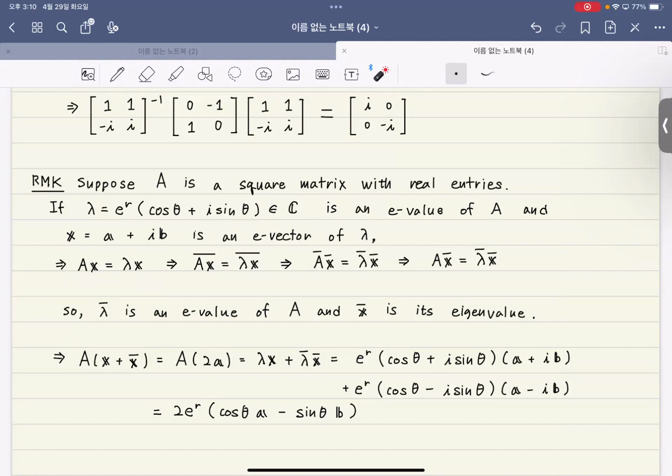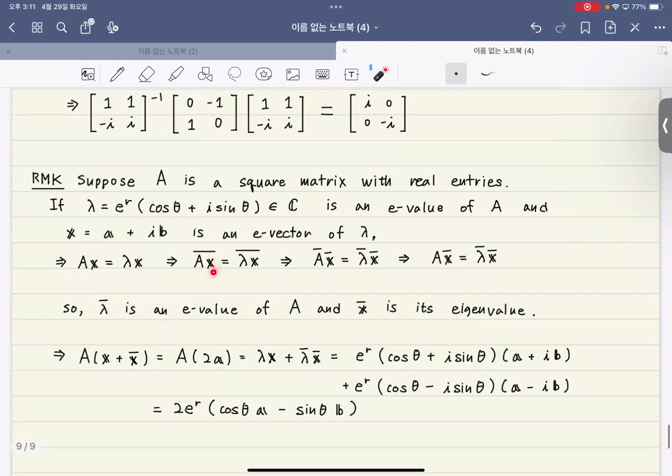But now I want to take the complex conjugate of both sides of this equation. You know what the complex conjugate is? Okay, yeah. So I put little bars over there. The complex conjugate always respects multiplication, and because we are assuming that A is a square matrix with real entries, the conjugate leaves A unchanged.